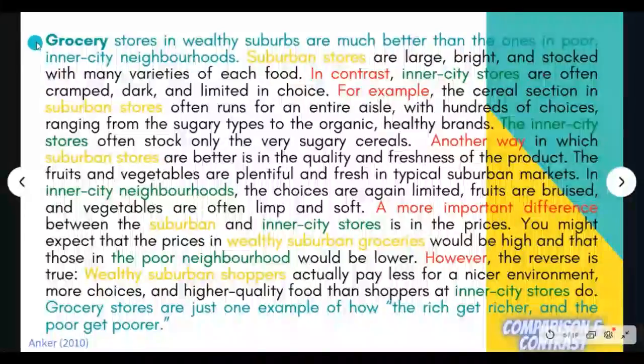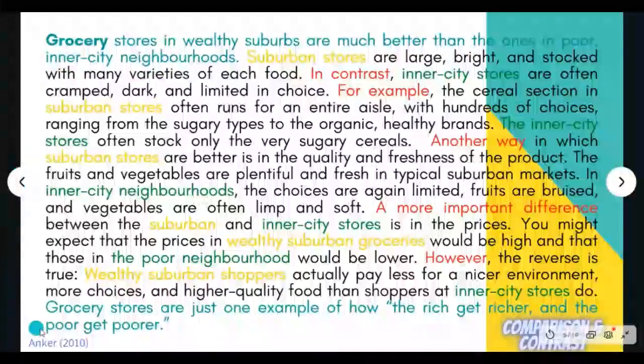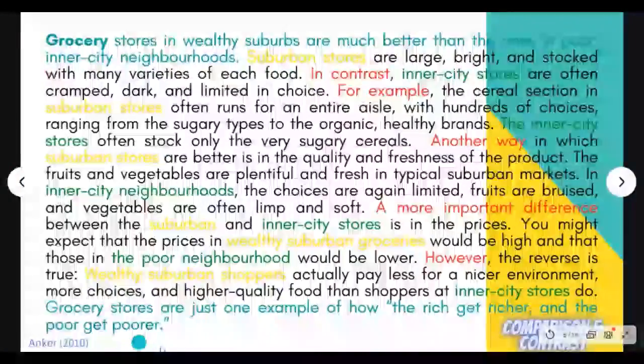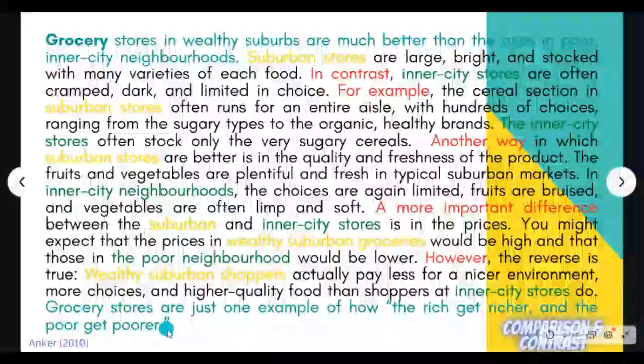For example, here the first sentence is colored in blue, indicating this is the topic sentence of the paragraph. And then the last sentence is also printed in blue to indicate that it is the concluding sentence of the paragraph.